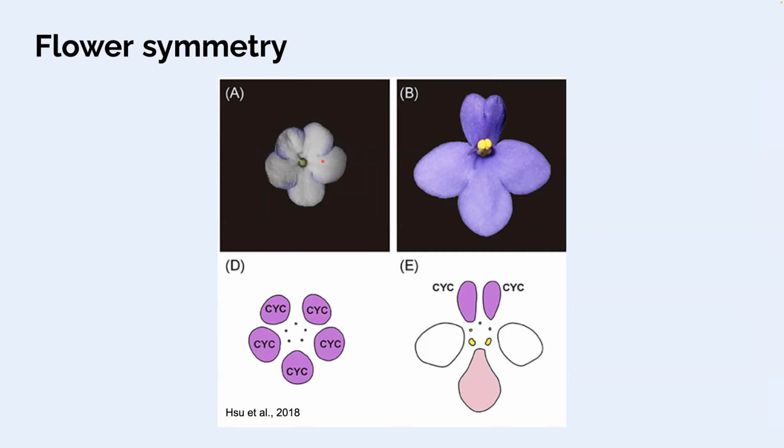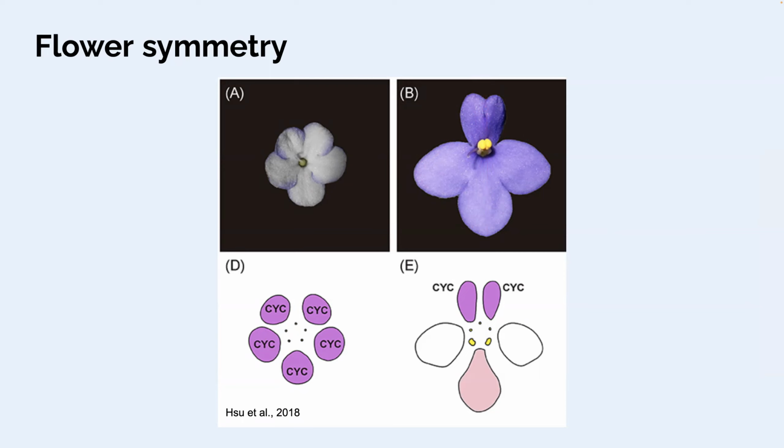But in contrast, you can have bilateral symmetry, as in this example, and this petal is very different from this petal. We've got 2 little petals at the top and 3 big petals at the bottom, and overall this flower has bilateral symmetry, meaning you couldn't take an equal pie slice out of this. You can only cut it in half to get a good mirror image left and right.